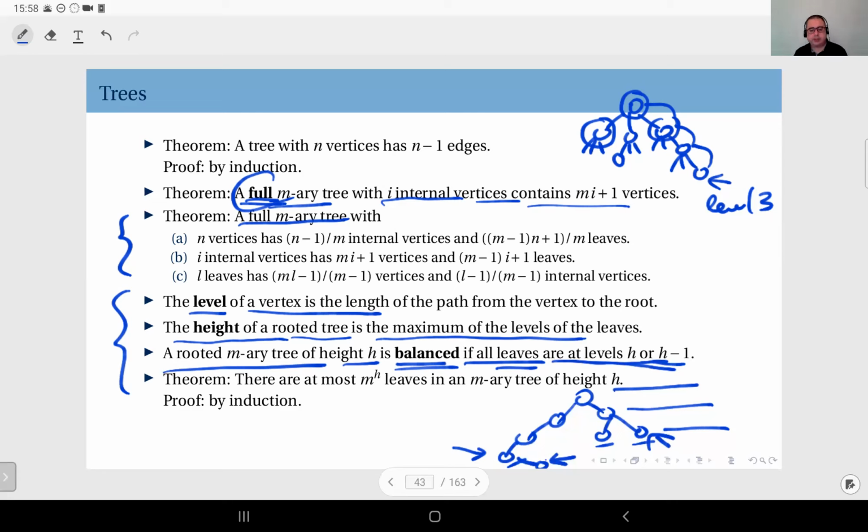Another theorem, again, you can prove by induction, is regarding the height of this balanced tree. There are at most m to the h leaves in an m-ary tree of height h.